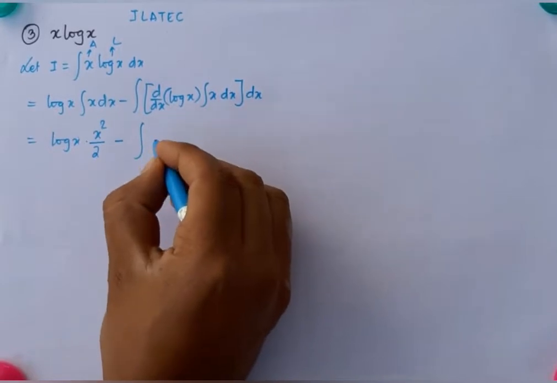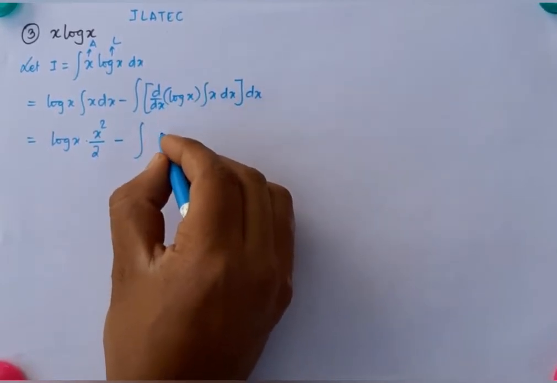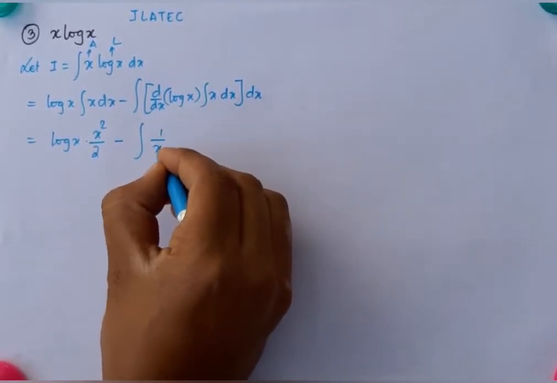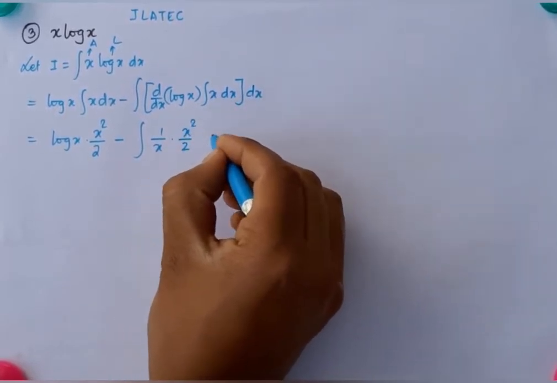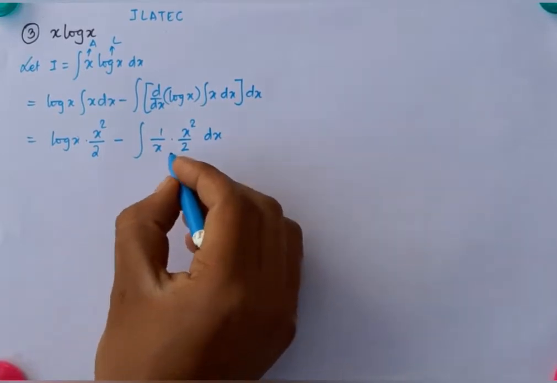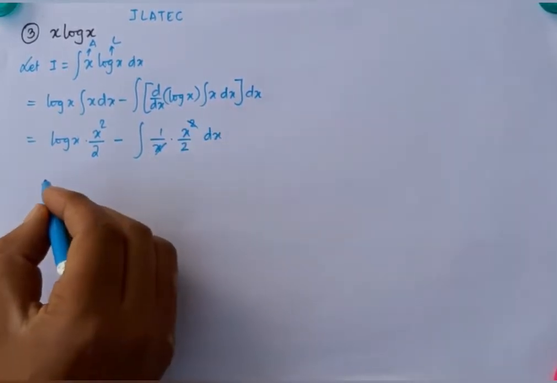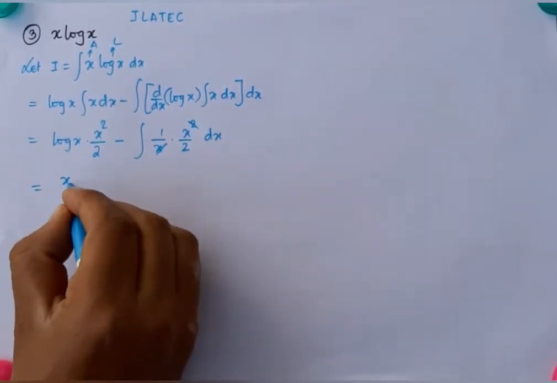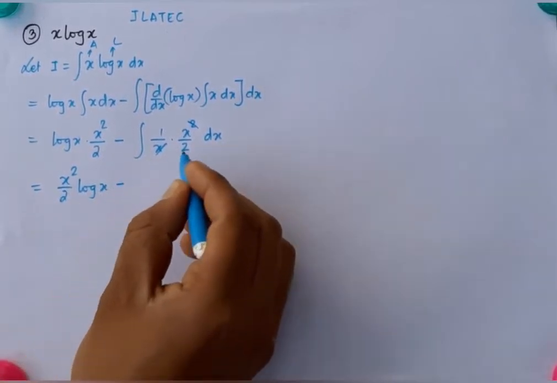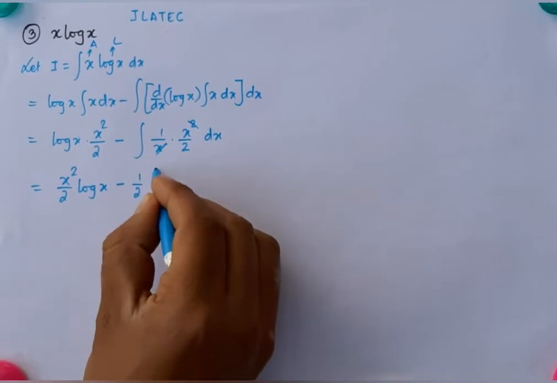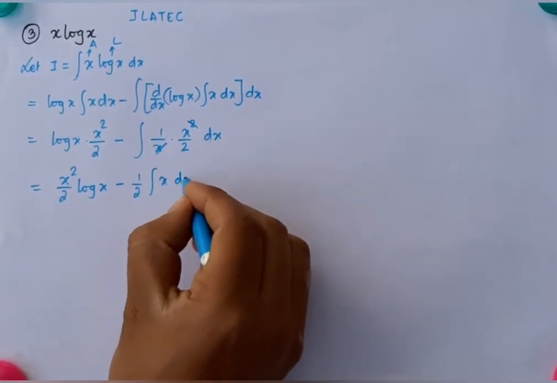Minus integral of, okay, so differentiation of log x is 1 by x, and we know that integral of x is x square by 2 dx. So you see that x and x get cancelled, so we have x square by 2 log x minus, so this half can be kept outside, so we have integral x dx.